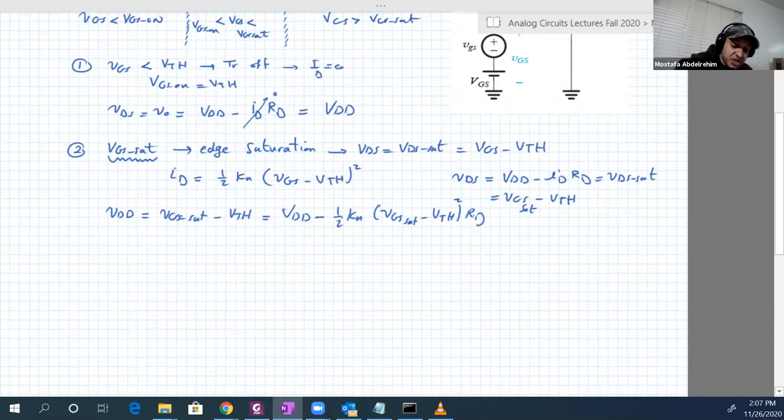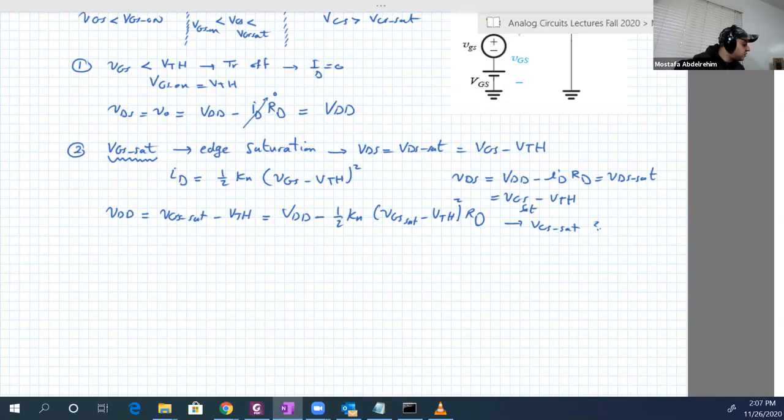So this equation has only one unknown, which is VGS set, the input point at which we will be on the edge of saturation. We consider all other values known, like VDD, V threshold, Kn, RD. Okay?